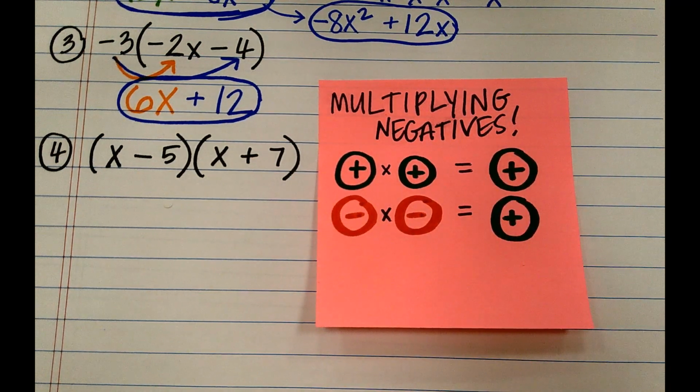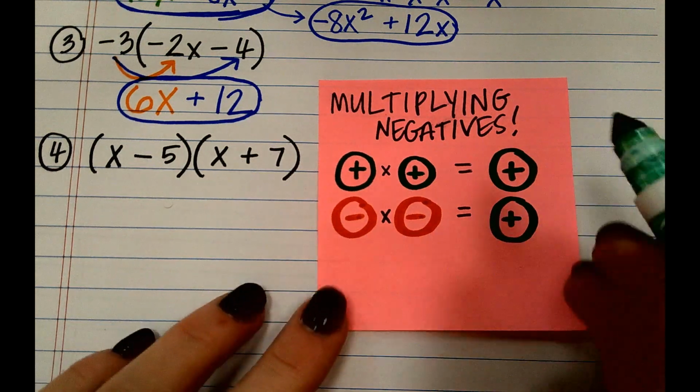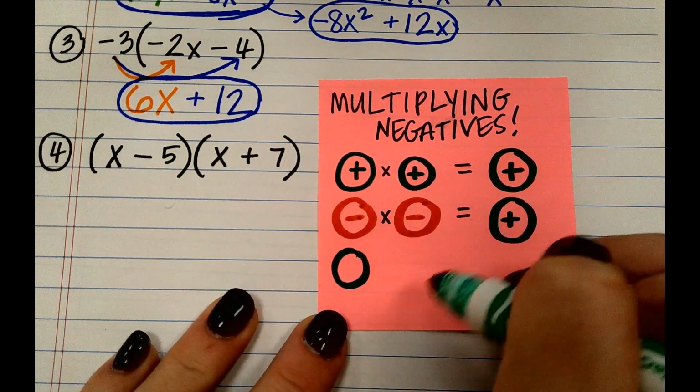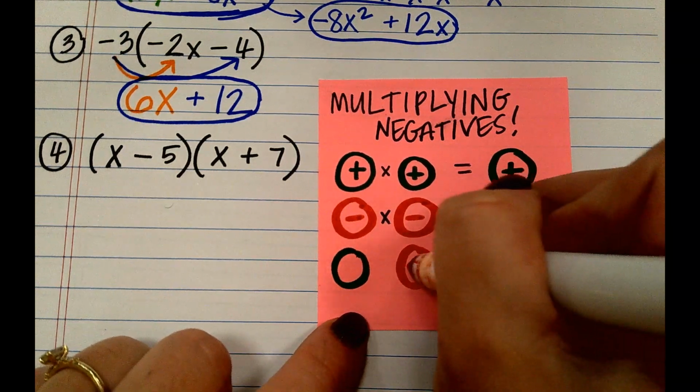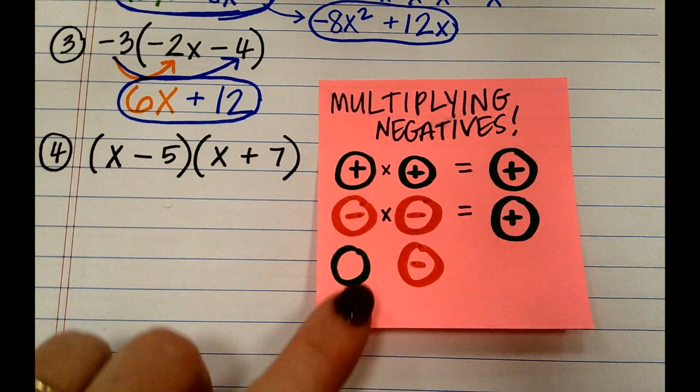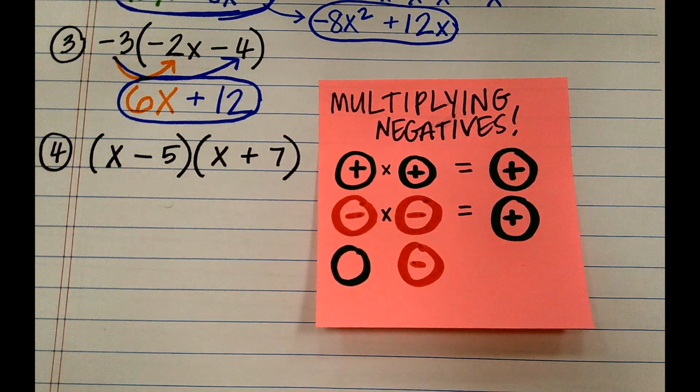Okay, now what if I take a positive times a negative? The bigger number still would be a positive. You are thinking of, I think, an addition and subtraction rule, right?